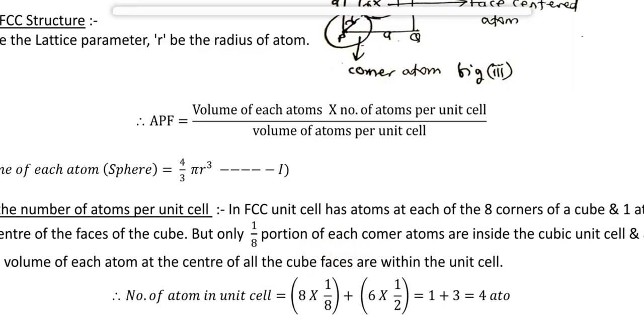So 8 into 1 by 8, plus there are 6 face center atoms. On each face of the cube there is one atom, and 1/2 portion of each face atom lies inside the unit cell. So 6 into 1/2, and therefore number of atoms per unit cell is equal to 4.